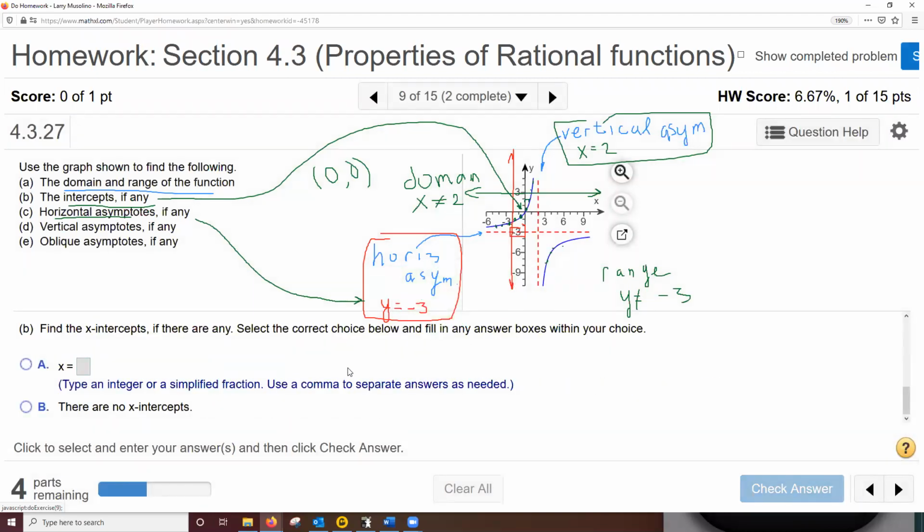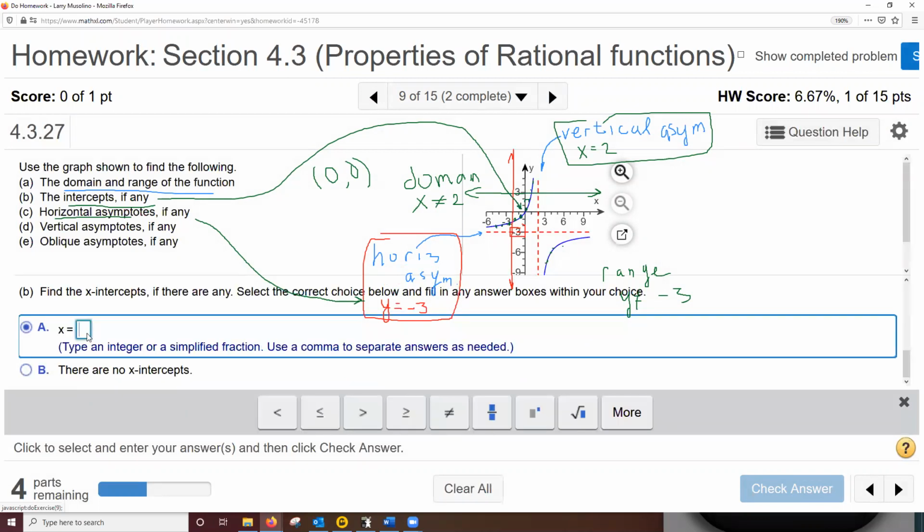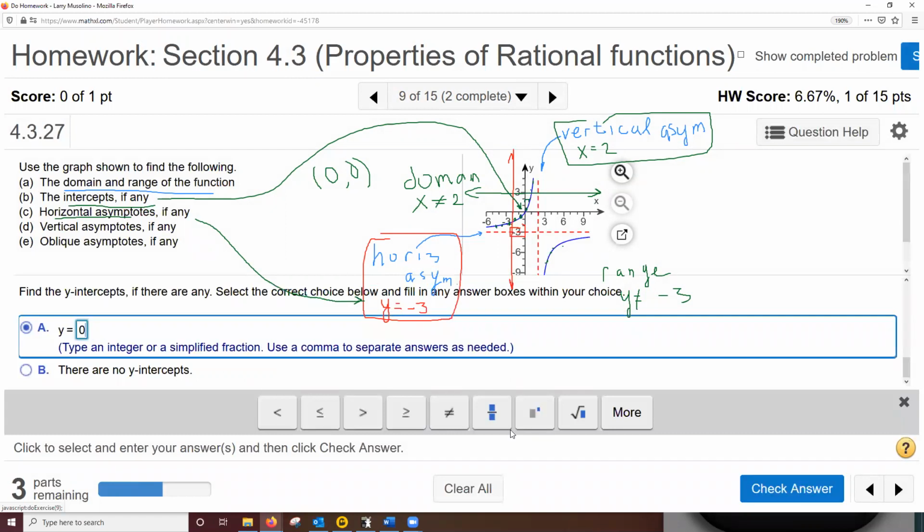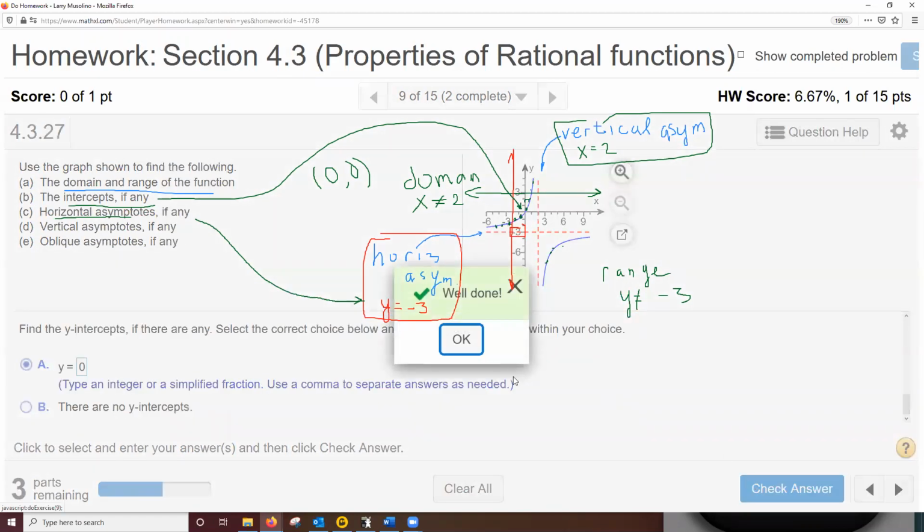All right, find the x-intercepts. Where does the graph cross the x-axis? There's only one location, and that happens at x equals 0. Now it wants to know, what about the y-intercepts? Where does the graph cross the y-axis? Again, at y equals 0, the graph only crosses at one point.